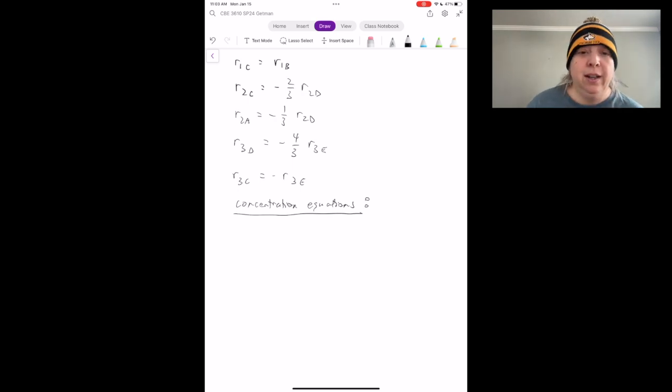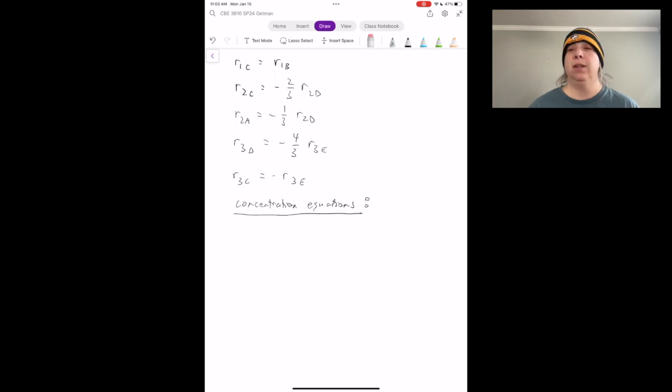Okay, so our concentration equations, we're used to using those, writing the change in the concentration due to the change in the number of moles. So this is actually a change in the volumetric flow rate, but we're going to bury it into the concentration term. We're used to doing this using conversion as the progress variable. We can't do that here because, again, we're not solving in terms of conversion.